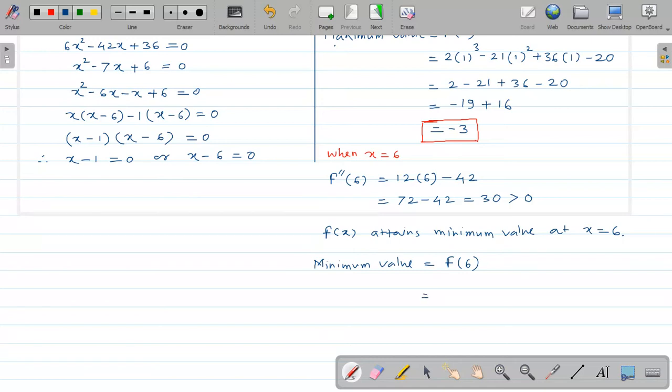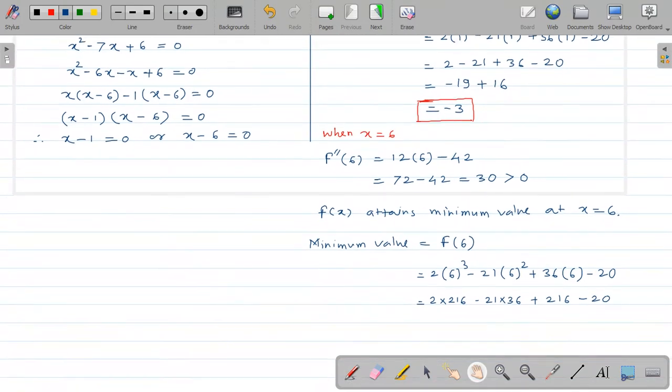So that's why you will get 2 into 6 cube minus 21 into 6 square plus 36 into 6 minus 20. Okay. Now see this calculation. This is 2 into 6 cube is 216 minus this is 21 into 36 plus 36 into 6 is 216 minus 20.